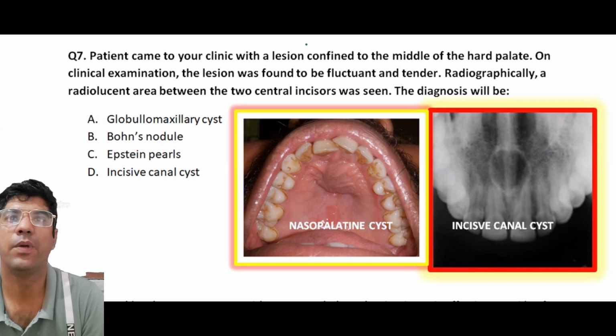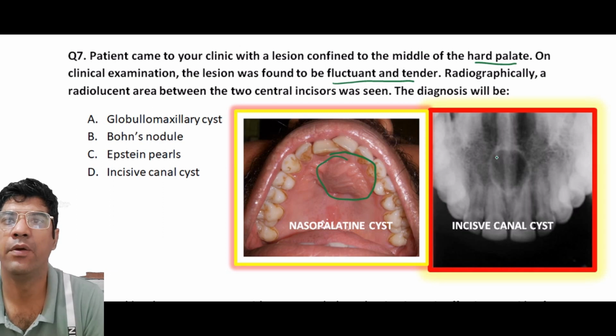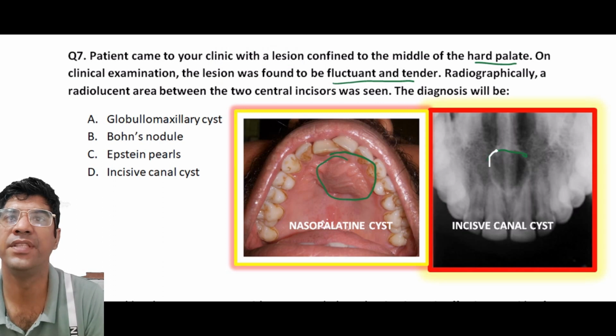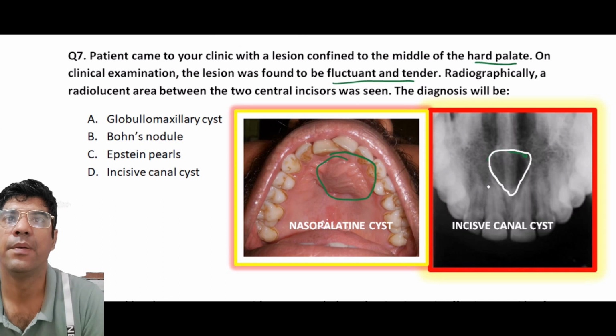A patient came to the clinic with a lesion confined to the middle of the hard palate. The lesion is fluctuant and tender. Radiographically you will see a radiolucent area, the radiolucency between the two central incisors.